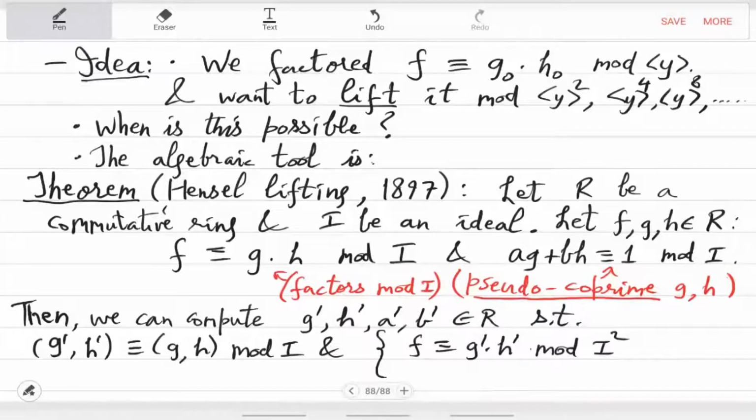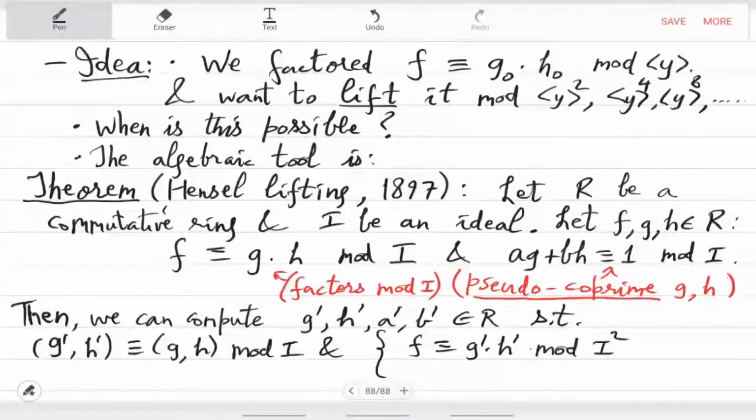What is I square? I think we defined it in the first class. This is just: pick any two elements in I and multiply them. So you have these products and then you generate the ideal by them.